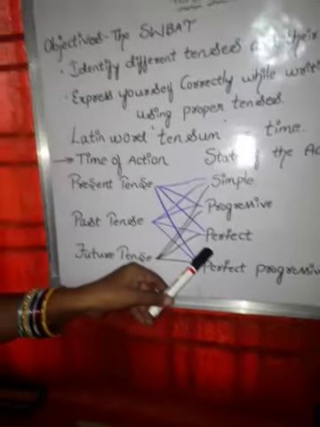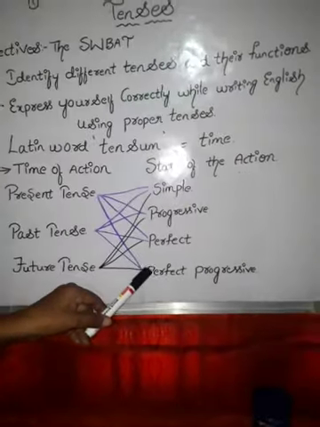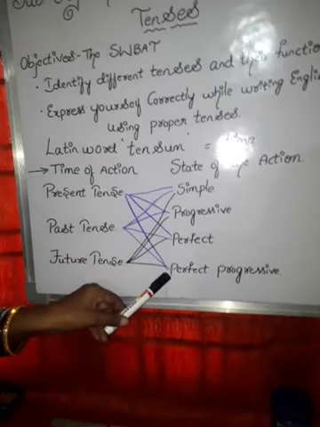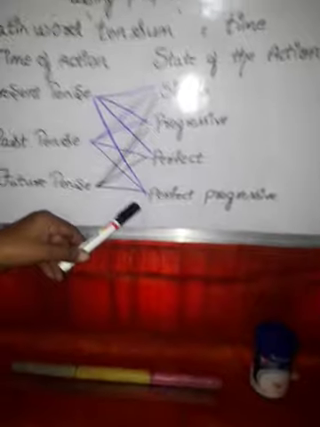So in total there are 12 tenses in the English language. For today, we are going to learn the simple tense, the three different categories of simple tense.